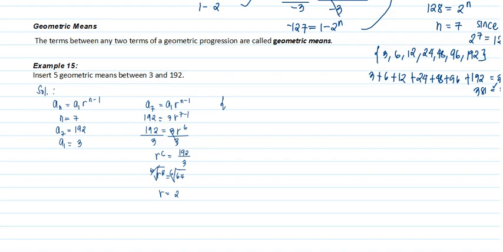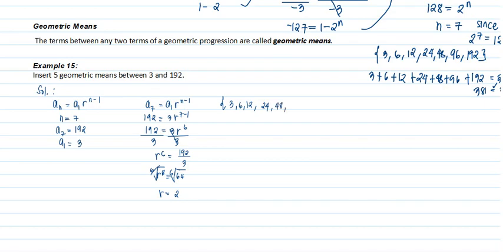So, we continue by multiplying yung first value. So, 3 times 2 is 6. 6 times 2 is 12. And then 12 times 2 is 24. And then 24 times 2 is going to be 48.